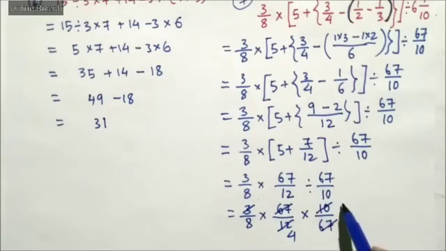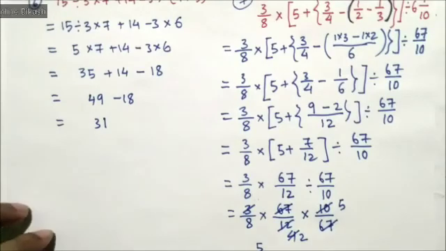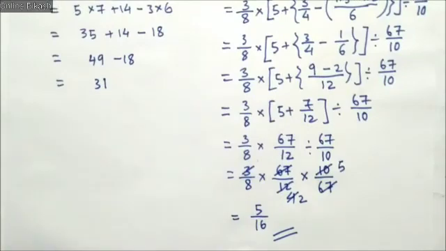If we cancel it by 2, then 2 5s are 10, no? So 2 2s are 4, and here only 5 by 8 2s are 16 remain. So this is the final answer. Is it clear? I hope it is clear. Okay, you cannot see this one. Sorry for this. Yeah, 5 by 16.